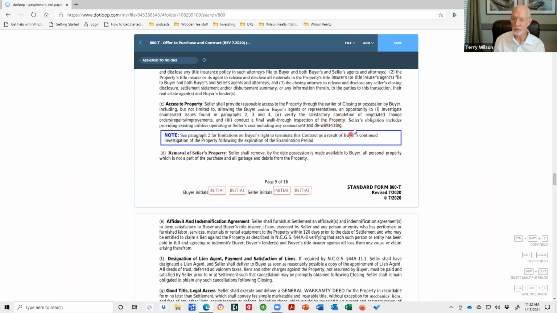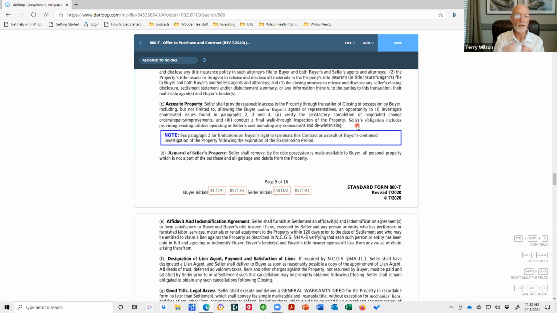If you're using the standard offer to purchase contract form 2T because you're helping a buyer buy a resale property, that contract states that the seller will provide working existing utilities, which means that if the utilities exist on the property, but the seller has winterized the property because they don't live there anymore, the home is vacant, then the seller, at the seller's expense, agrees to turn the utilities back on so that the buyer can have their inspections done.